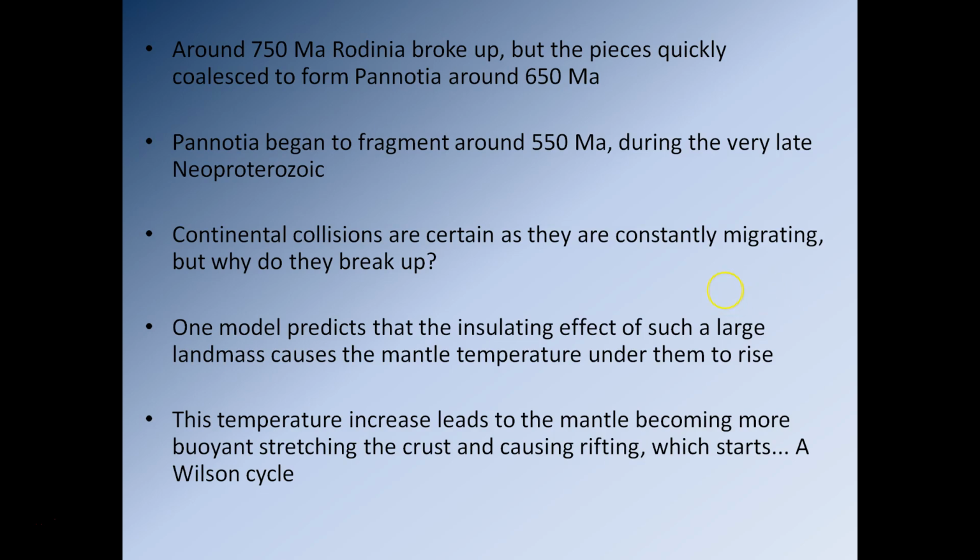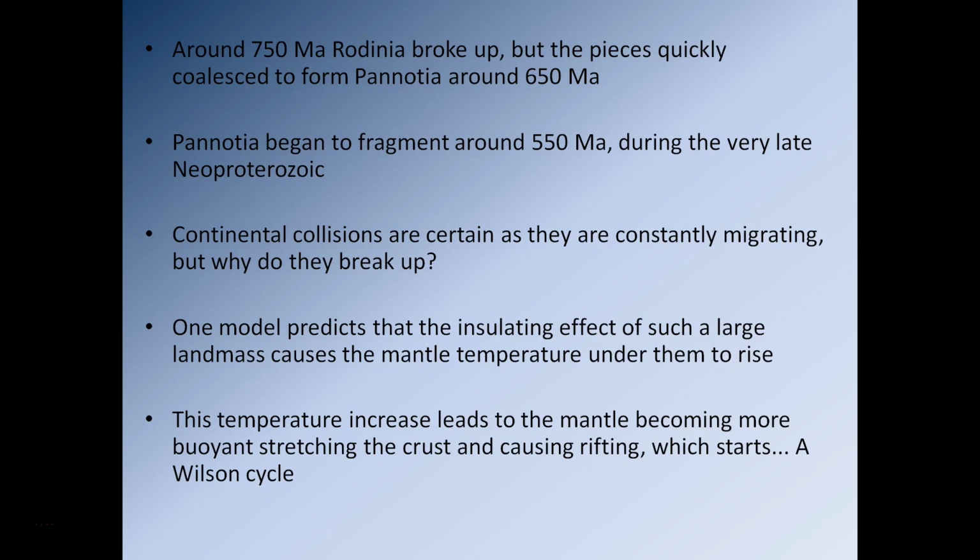There have also been suggestions that maybe it could be due to convection cells underneath the continental crust. One convection cell goes one way, one convection cell goes another way, and it starts trying to pull the continental crust in two different directions. That once again will begin to stress the continental crust and begin to pull it to pieces. And then, as we touched on when we were discussing Wilson cycles, there is the possibility that very large mantle plumes could also help to encourage the breakup of continents.